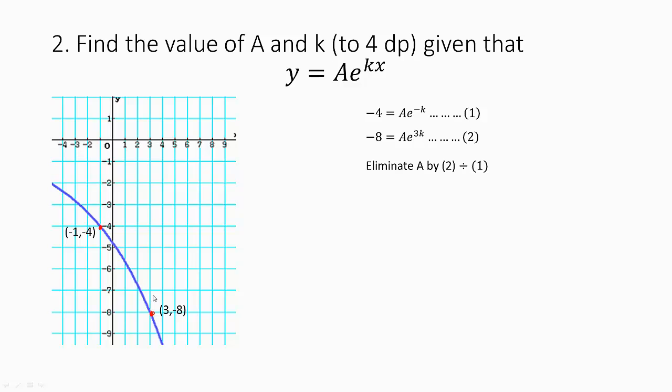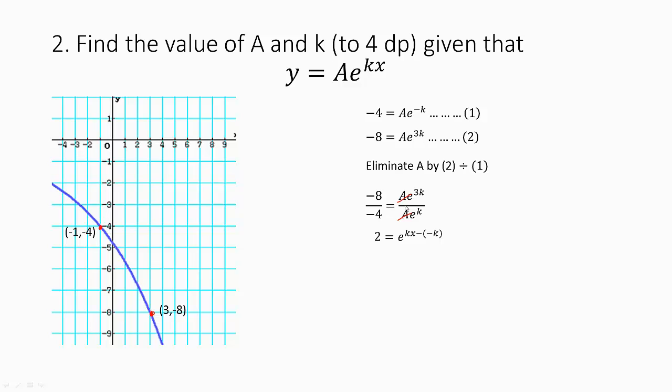Again we have 2 equations. This time I'm going to divide equation 1 by equation 2. Why do I do that? You remember with powers, when you divide, the a's cancel out, and when you divide powers that's the same as subtracting the powers.